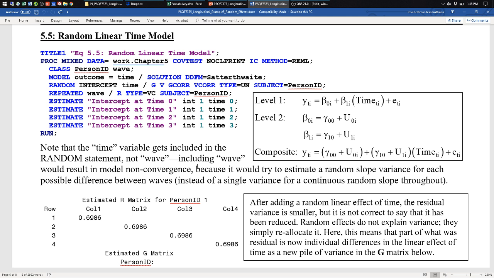Random slope variances are harder to find if you have fewer people, because people is power with respect to random effects, whereas time is level 1. So in this case, you have somewhere between 100 and 25 as your power at level 1 based on the intra-class correlation, whereas your power at level 2 is 25.